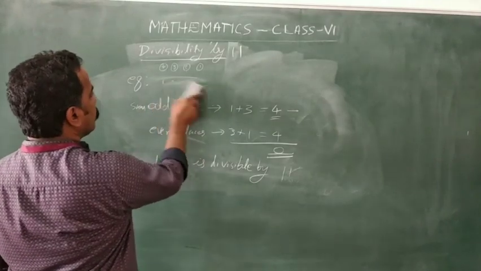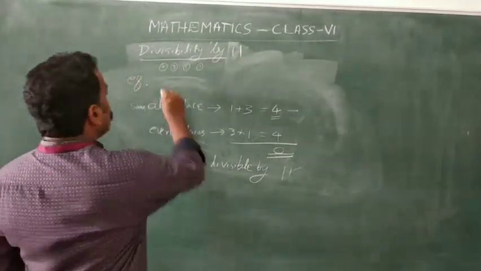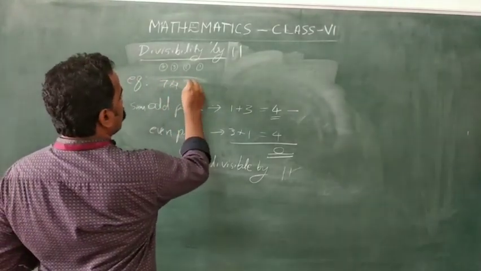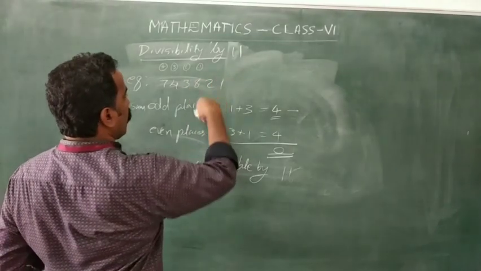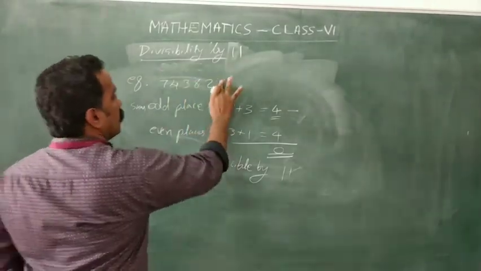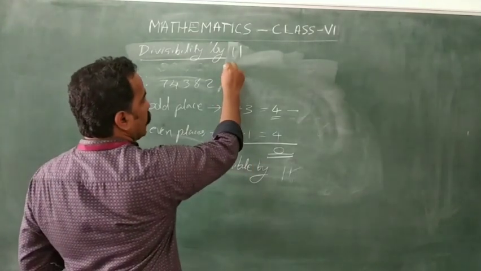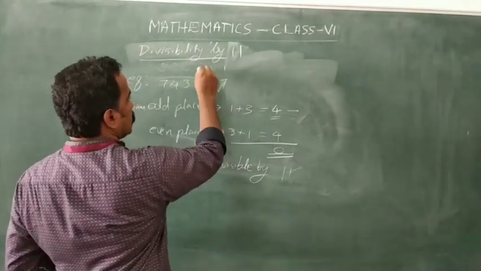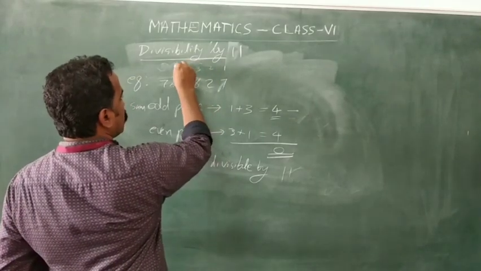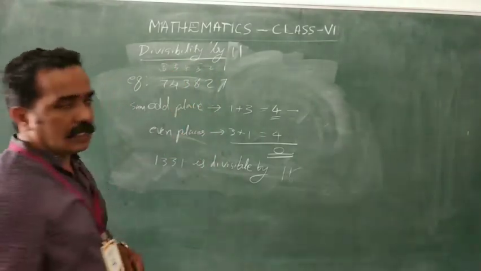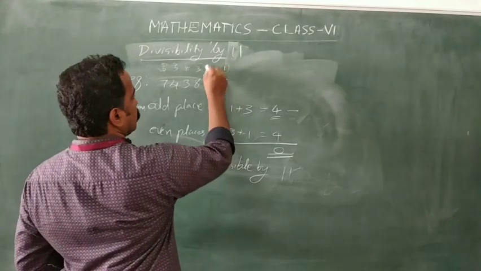Suppose 743821. Number the places: first place, second place, third, fourth, fifth, sixth.